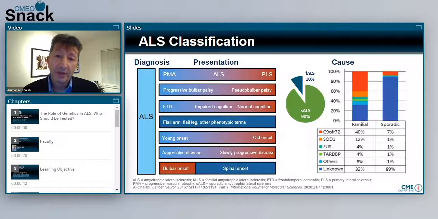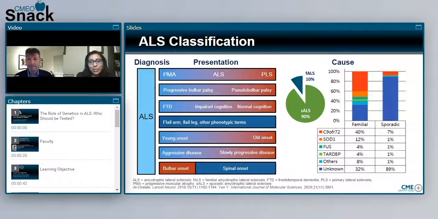So although having familial ALS is often a strong indication of some genetic variant being in the family, it is possible even without a family history to carry some of these genetic variants, and therefore probably a better classification than familial versus sporadic ALS, which is the traditional classification, would be genetic versus non-genetic ALS.